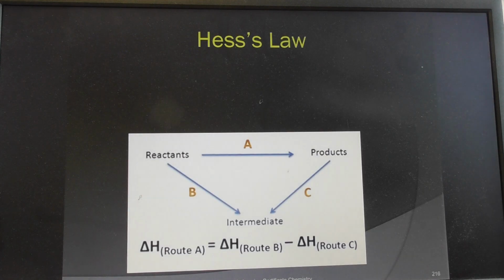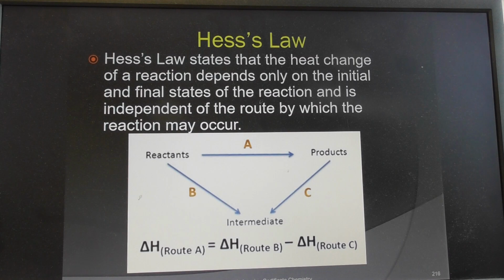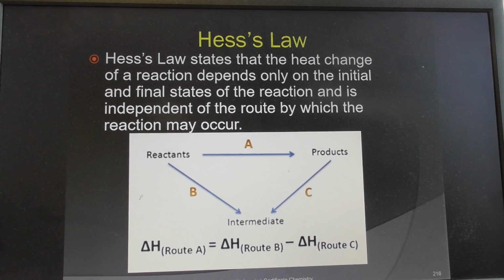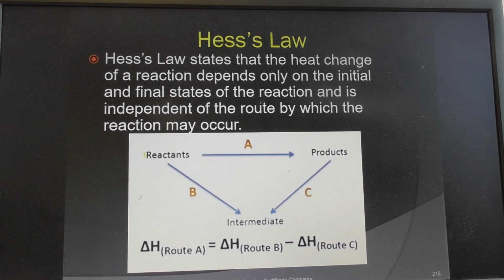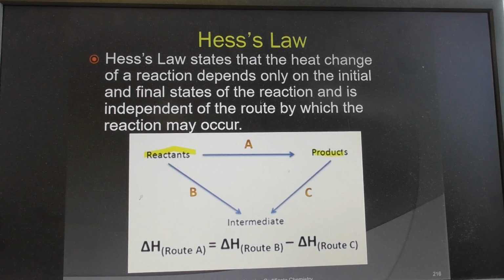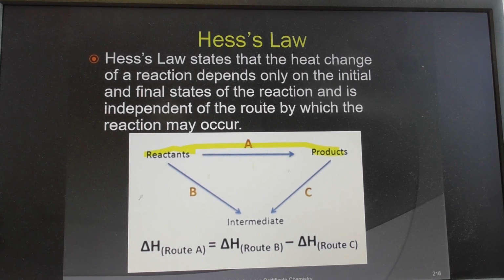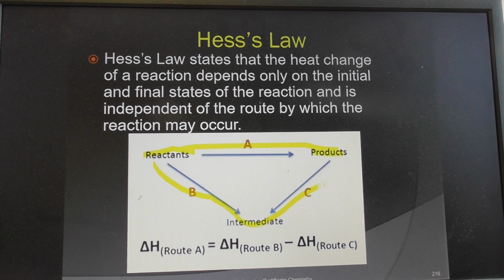That's the law of conservation of energy coming in there, that it cannot be created or destroyed. So when you go from one to another, if there are intermediates along the way, heat might be taken in and given out, but that doesn't matter to the initial and the final. So this is another example of it. Going from reactants to products, it doesn't matter if you go straight through or you go through some sort of intermediate.